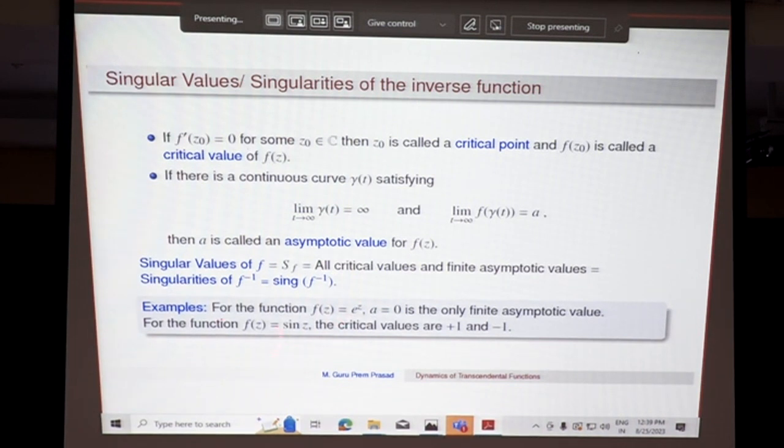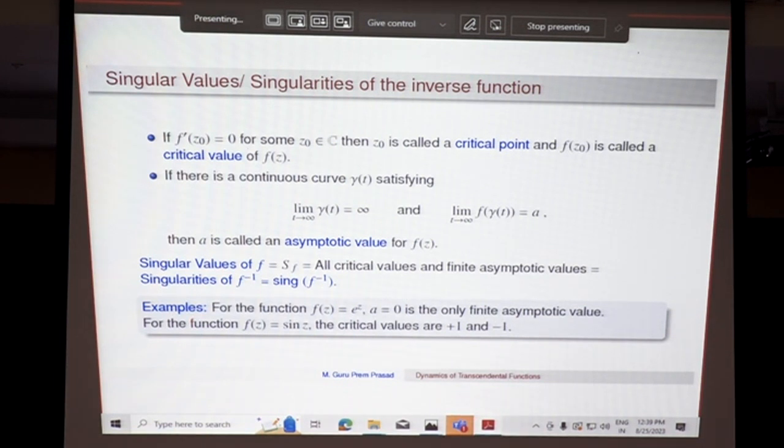Whereas sin z has no asymptotic value, it only has critical values. So these critical values and asymptotic values play an important role. The reason is that at the critical value, the function fails to be one-one, so the inverse function has a singularity and you get many branches. That's why these critical values and asymptotic values are called the singularities of F inverse.